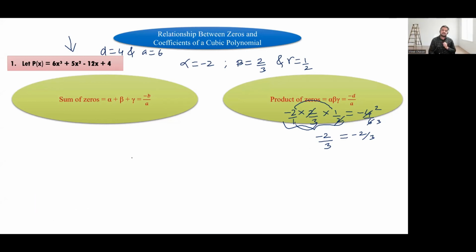What is it? What is the formula? Alpha beta plus beta gamma plus alpha gamma, and what is that equal to?